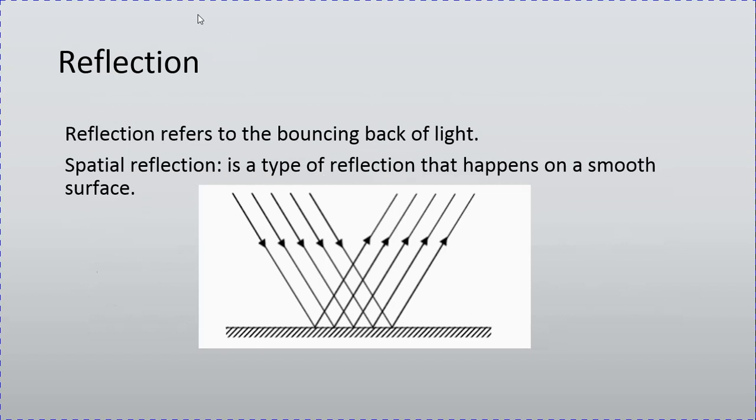Reflection. Reflection refers to the bouncing back of light. Specular reflection is a type of reflection that happens on a smooth surface. As you can see, the surface is smooth, it's straight, it's not corrugated, there's no form of disturbance, it's just smooth.